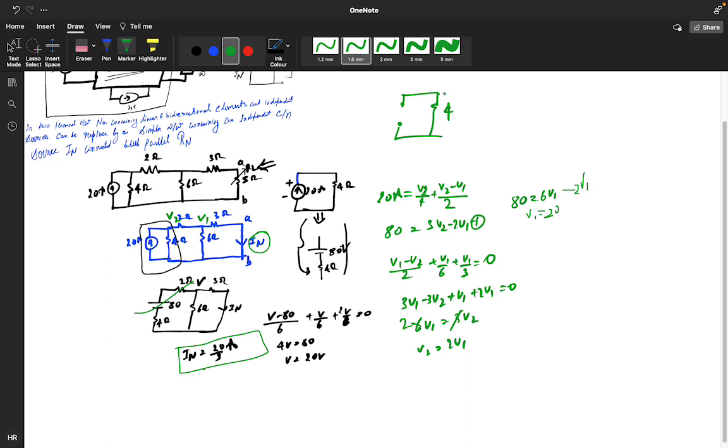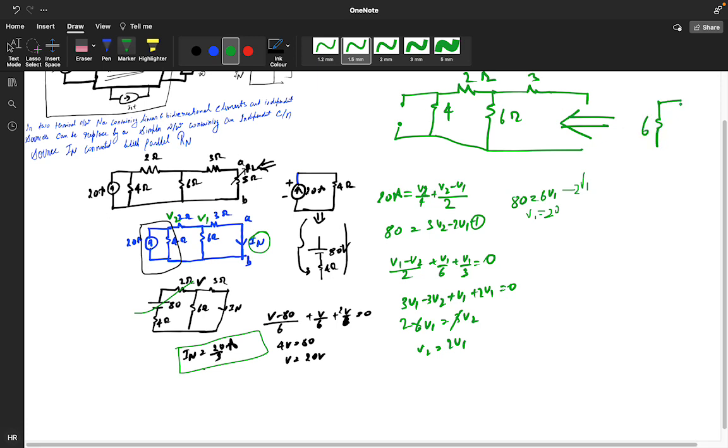This is 4, this is 2 ohm, this is 6 ohm, this particular is 3 ohm, and this part you had short circuited, so you are seeing from here. Okay, so this 4 and 2 will be 6, this 6 and 6 will be parallel, and this 3.